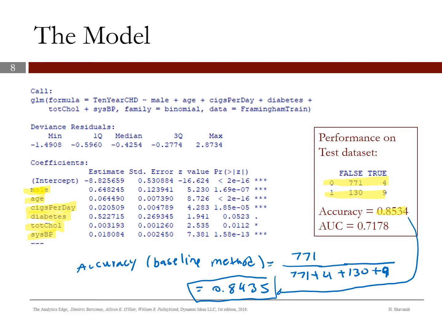But if we consider the AUC, the area under the curve of the ROC curve, we have 0.7178. If you refer to the interpretation of this measure, it's somehow the probability that we can correctly predict the result of a patient.